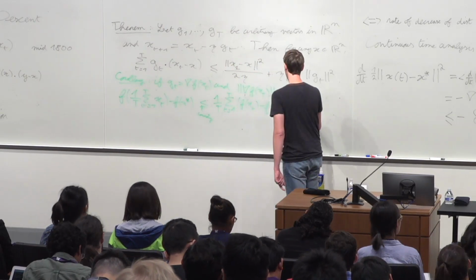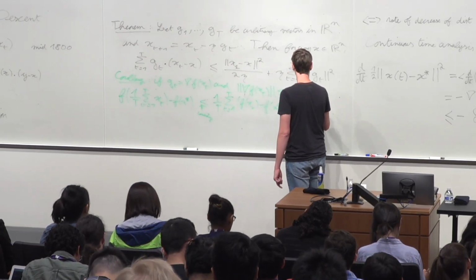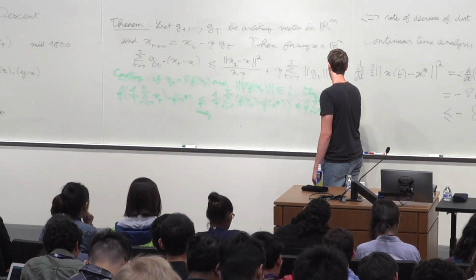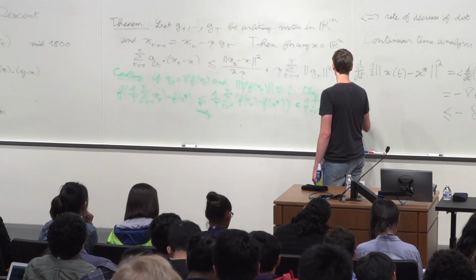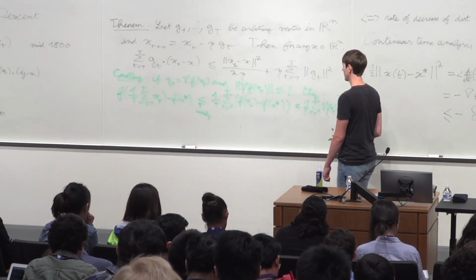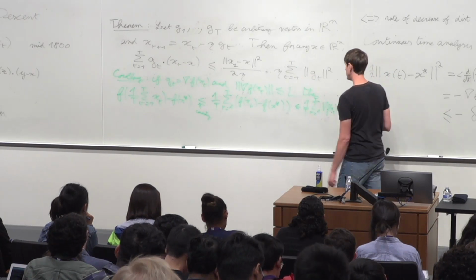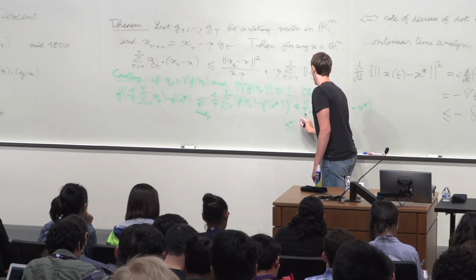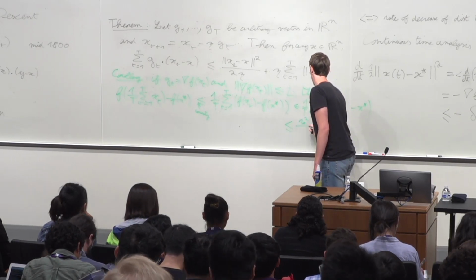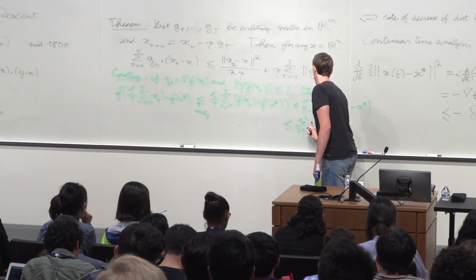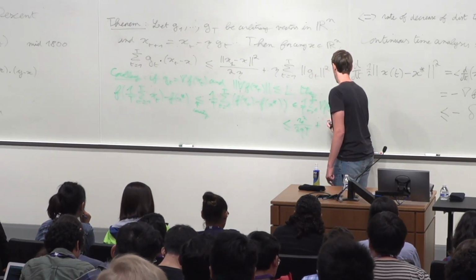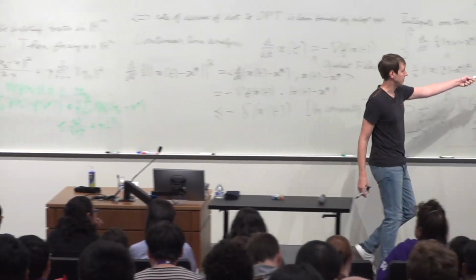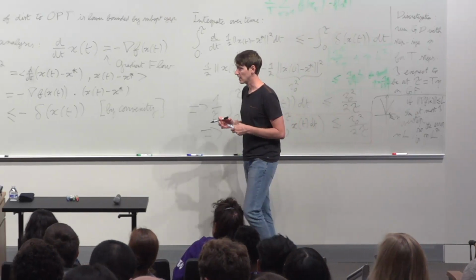Each of these terms is smaller than 1 over T, the sum of grad f of x_t inner product with x_t minus x star, which by the theorem is smaller than, let's call it R_1 squared over 2 eta T plus eta L squared. Okay, which is exactly what I wrote here. It's exactly the same thing.